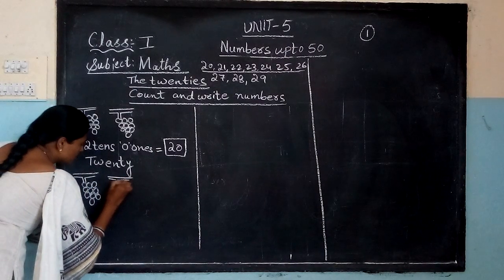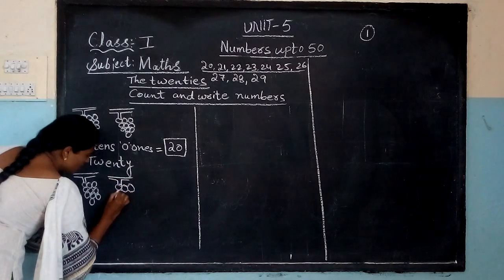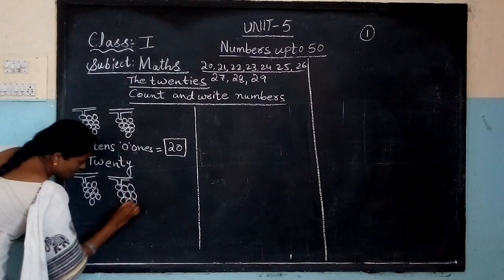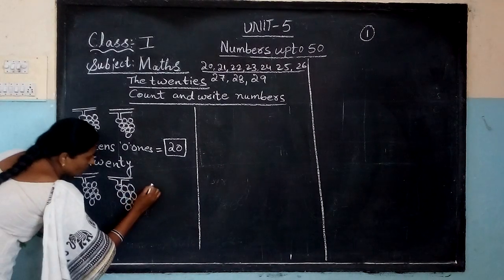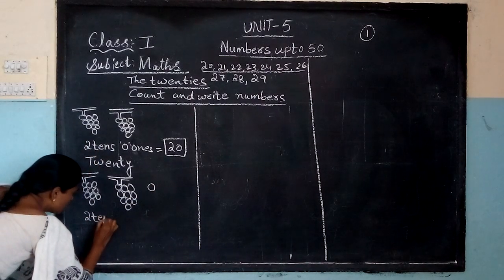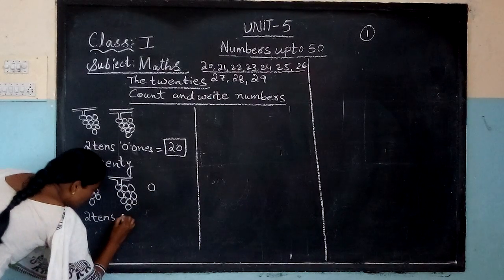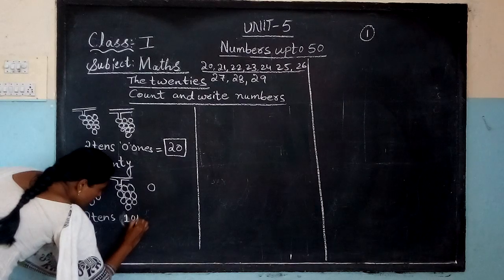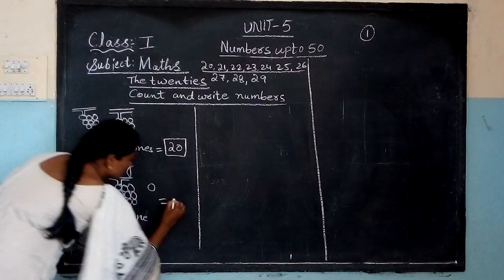How many grapes will be there in one? 1, 2, 3, 4, 5, 6, 7, 8, 9, 10. 2 tens completed. Again one single. 2 tens. How many singles are there? 1 one. What did it become? 21.